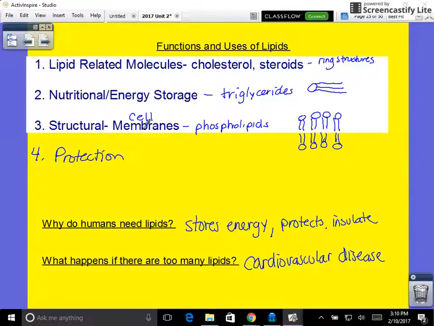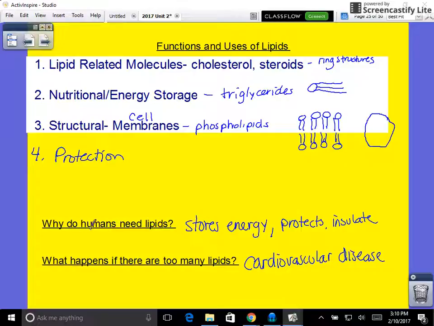They're part of structures like the cell membranes, and those are called phospholipids, and they line up like this in a bilayer. This is a cell membrane. Sometimes when you're a kid, people draw a cell membrane like a line, but it's actually much more complex than that. Another big function of lipids is protection and also insulation. Insulation means to keep you warm.